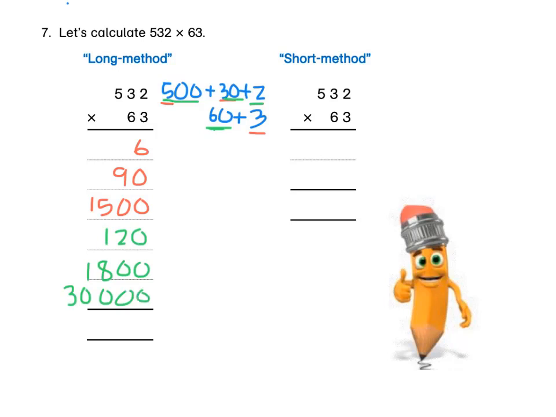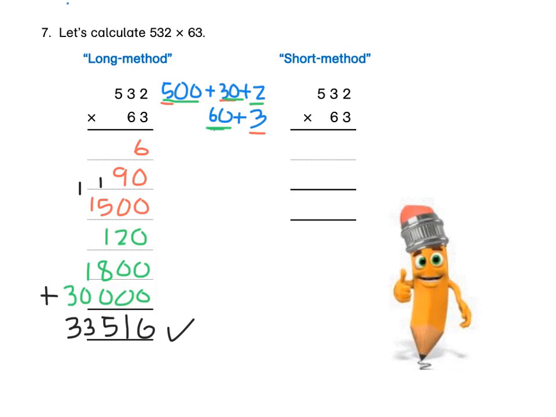So now we add up. We have 6, in the tens we have 11, then we're going to have 15 in total, then 3, and then 3.